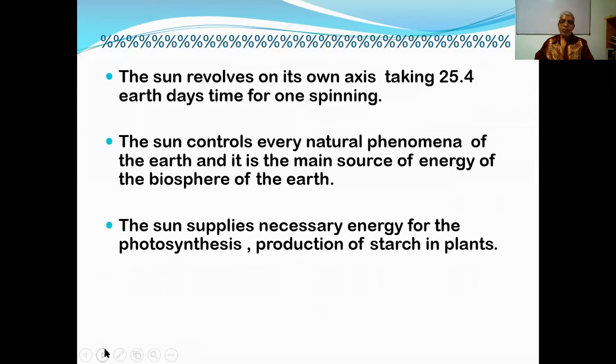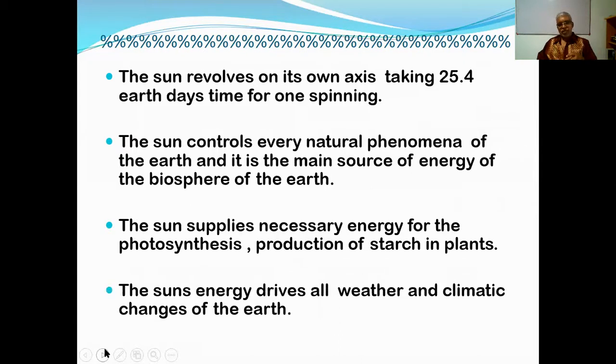The sun supplies necessary energy for photosynthesis, that means production of starch in plants. The starch contains the sun's energy. We collect it especially through the carbohydrates. Carbohydrate contains the sun's energy.